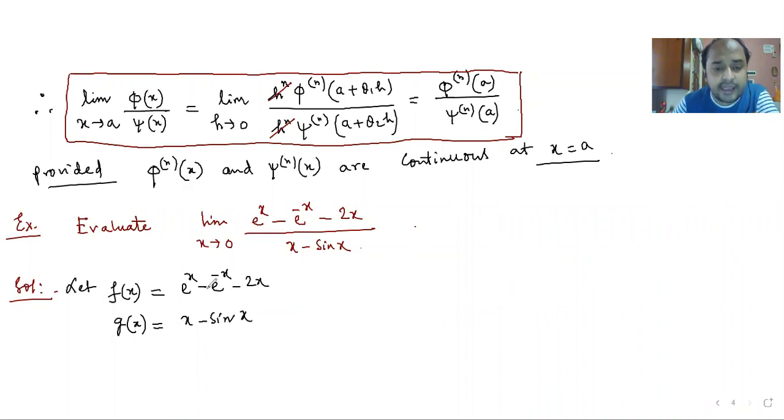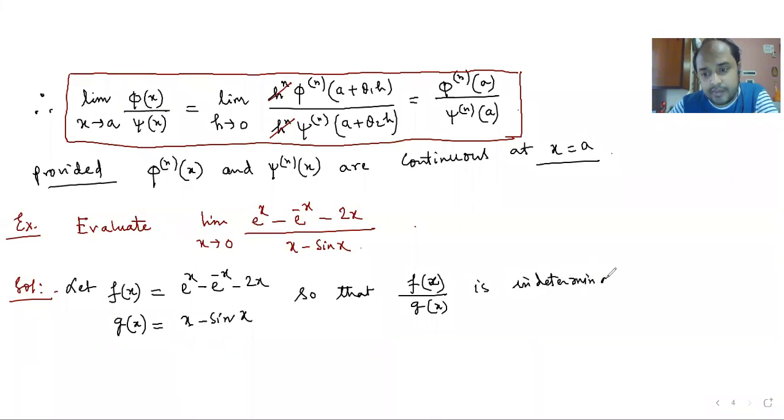And you will see that if I put x equal to 0 over here, and x equal to 0 over there, in the numerator we will get 0, and in the denominator we will also get 0, so that f x by g x is indeterminate when x tends to 0.